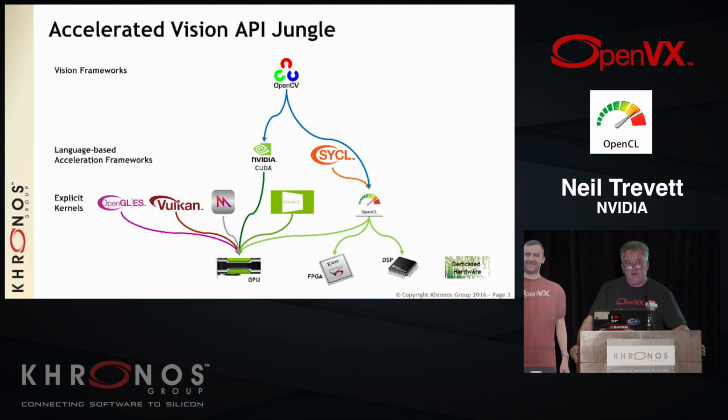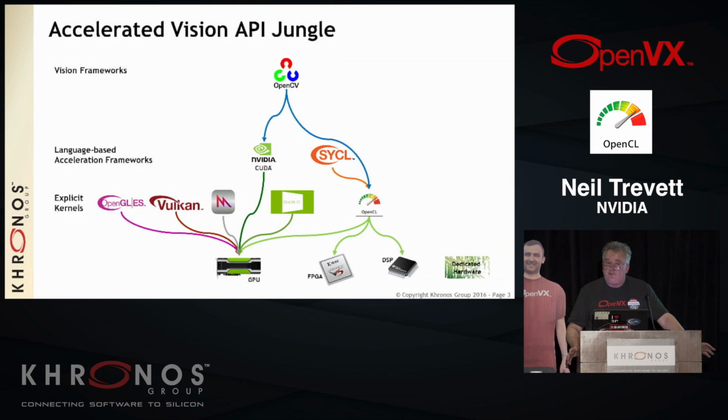Both CUDA and SYCL, of course, are quite general purpose. You can code any algorithm you want in those. So if there's no inbuilt vision processing capability, of course, there are libraries that will use those frameworks to deliver vision processing capability. But at the next level up, there are specific vision frameworks.